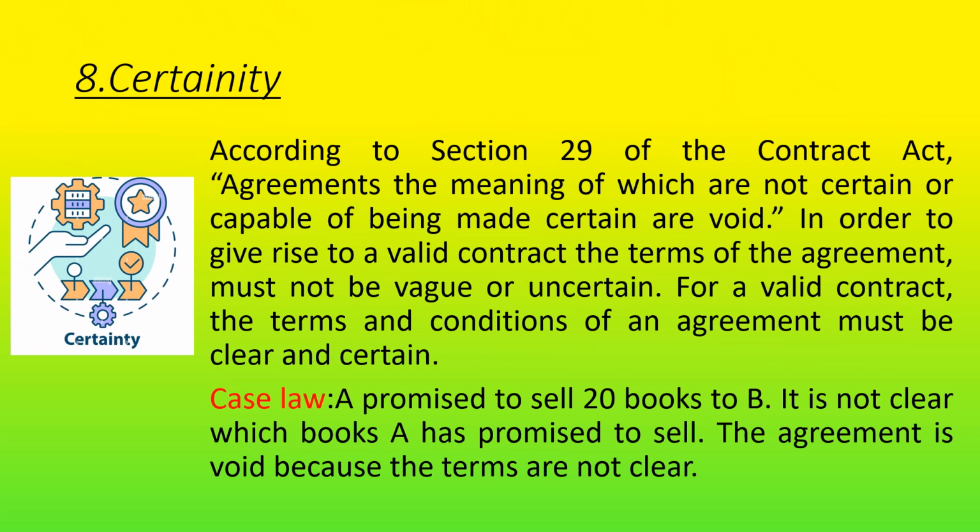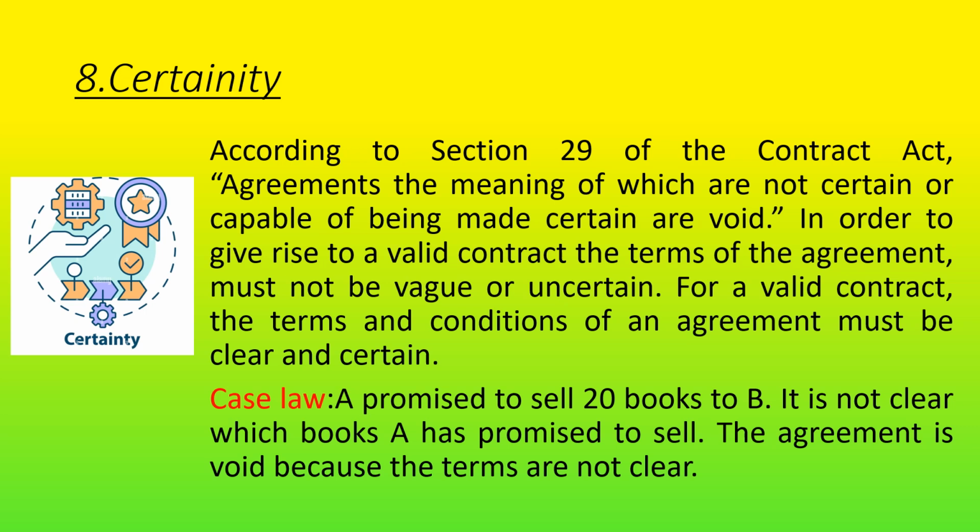According to Section 29 of the Contract Act, agreements, the meaning of which is not certain, or not capable of being made certain, are void. In order to give rise to a valid contract, the terms of the agreement must not be vague or uncertain. The terms and conditions of the agreement must be clear and certain.